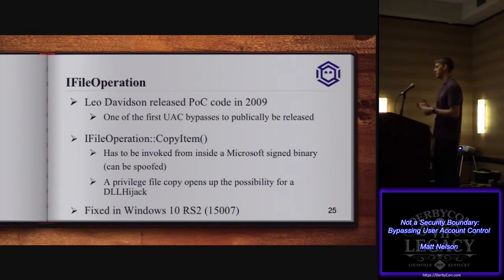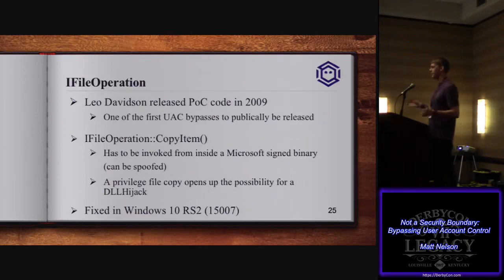The way that this works is that IFileOperation is a COM component, and it has a method called CopyItem. What that does is allow you to copy an item from one location to another. Straightforward, right? The caveat is that, technically, in order to invoke this specific object and then call that method, you have to be running inside a Microsoft-signed, certain whitelisted binary.